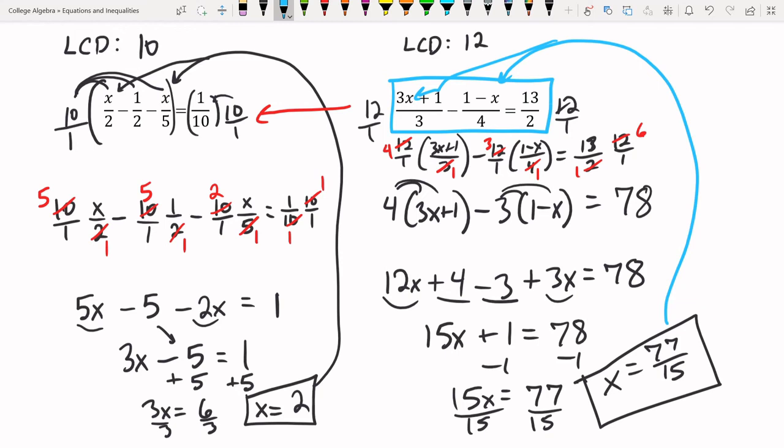It becomes a completely different type of thing. However, as long as it's linear, namely all the x's are by themselves, they're not multiplying by another variable, we can typically make it into a linear equation. And we're going to use the same idea as we did with these two problems, using the least common denominator. Let's do that.